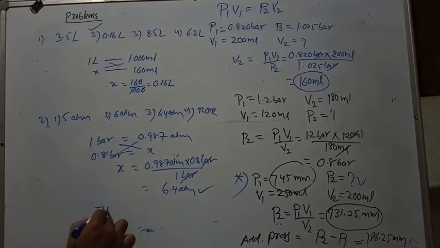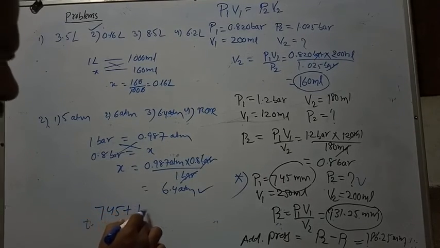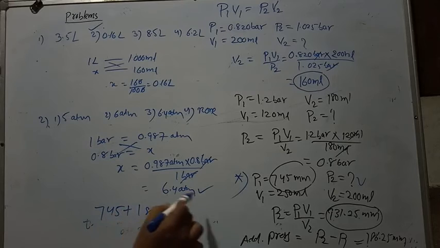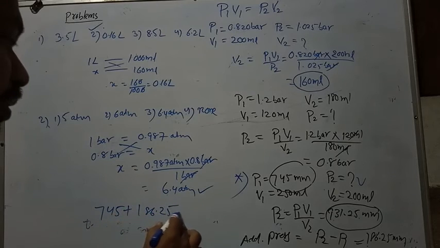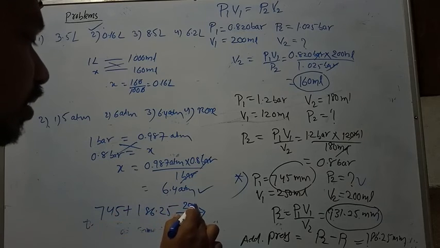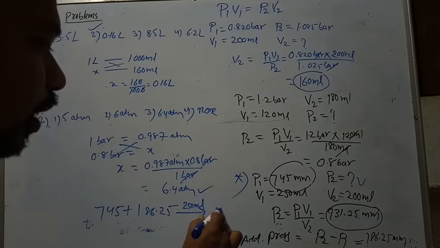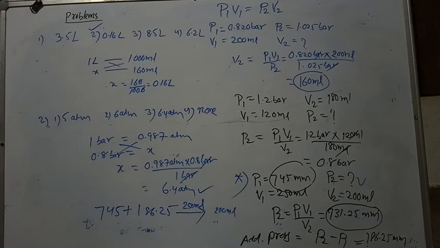If you are adding 745 plus 186.25, the volume 250 will change into 200 ml. This is the additional pressure. Okay, so these are the problems. Remaining problems we can discuss tomorrow.